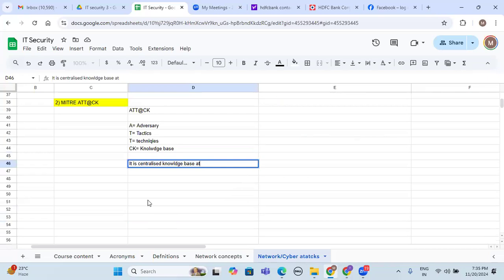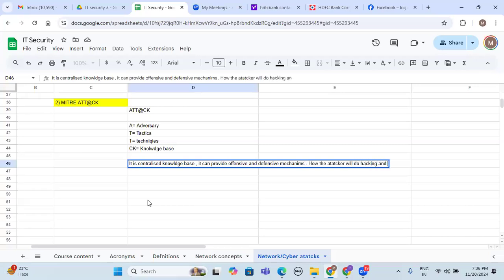ATT&CK can provide an offensive mechanism and also a defensive mechanism. What is the offensive mechanism and defensive mechanism? How the attacker will do hacking, and also it will provide mitigation steps as well.